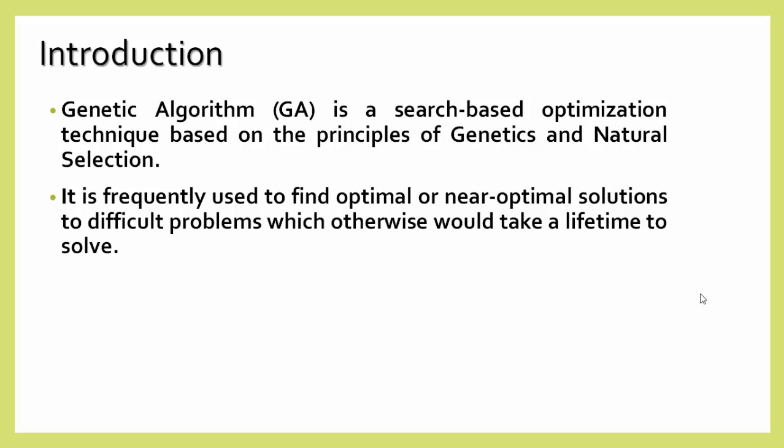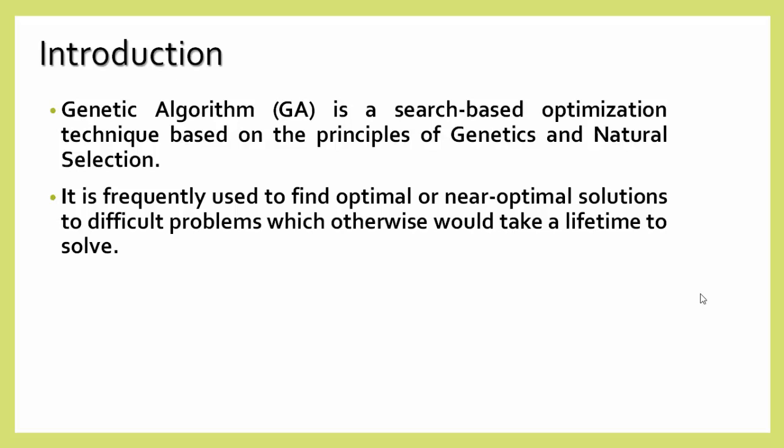We cannot say that it will always find an exact solution, but it will find optimal or near optimal solutions for the complex or difficult problems, which otherwise would take a lifetime to solve.